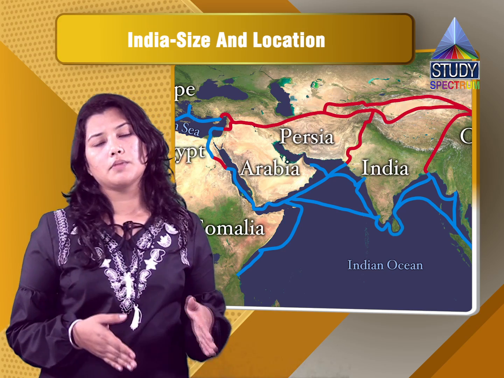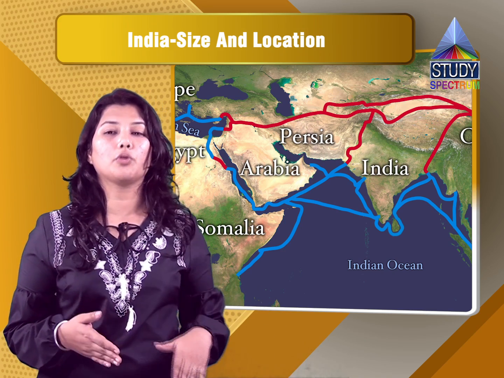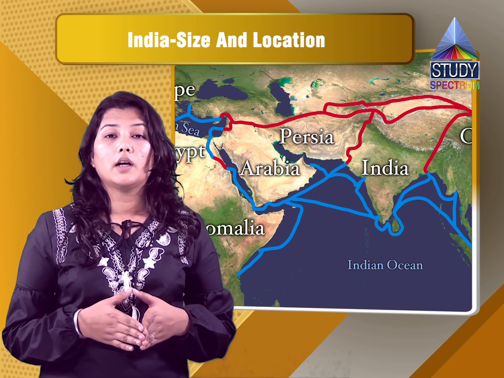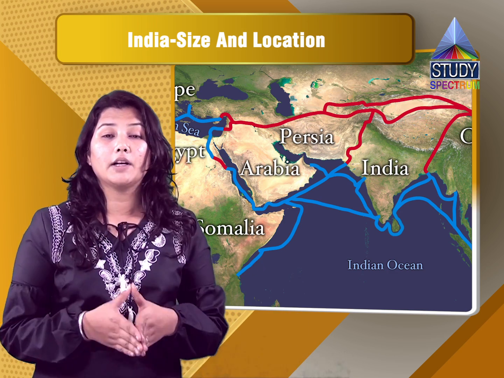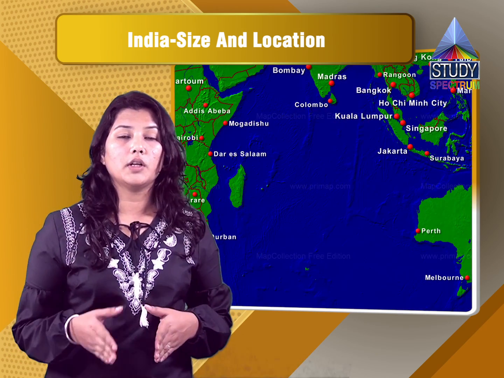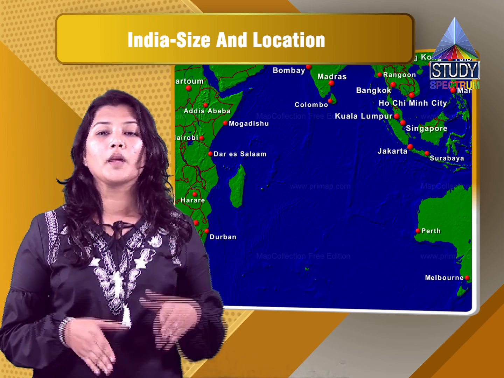It also helps us get close contact with other countries of West Asia and Europe. India also has a longer coastline than any other country in the world, and that is why the Indian Ocean is named after India.